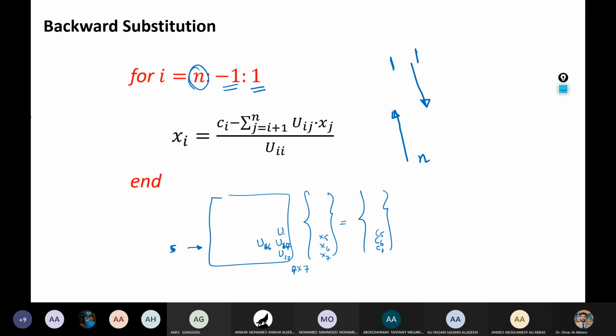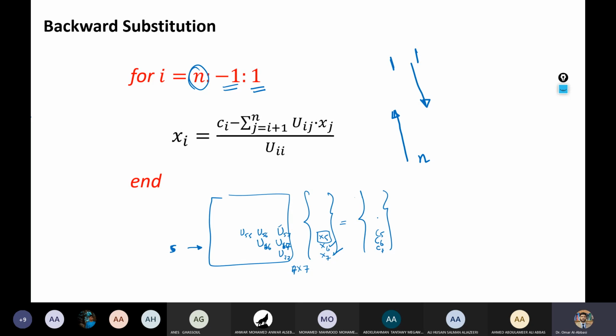U6, U57, U56, and U55. All these coefficients are known quantities, right? Okay. So since we are at that row and we need to find x5, this means these quantities are known. We already found them, correct?